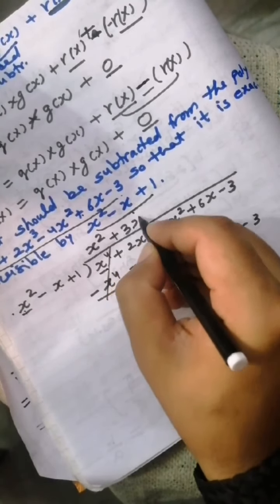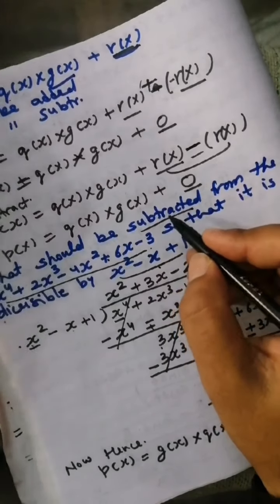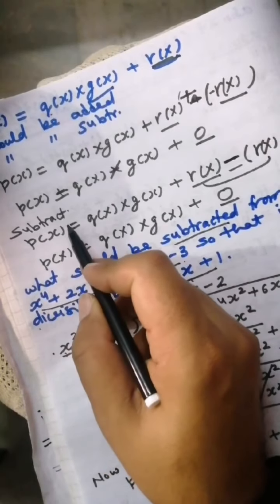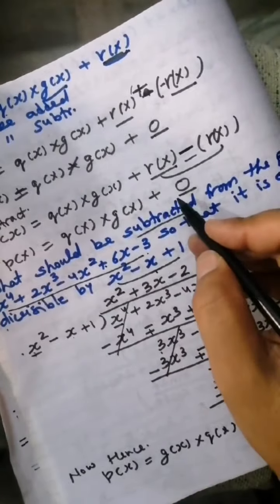Now it is given what should be subtracted. As I already told you, if it is given what should be subtracted, it will be the same as the remainder. Same as the remainder, because if remainder is x minus 1 and you are going to subtract the same thing, it will be 0.